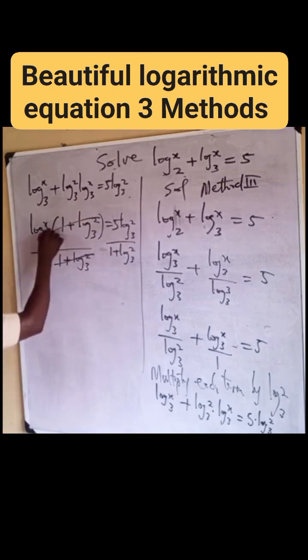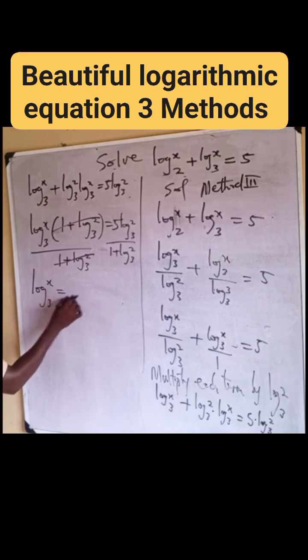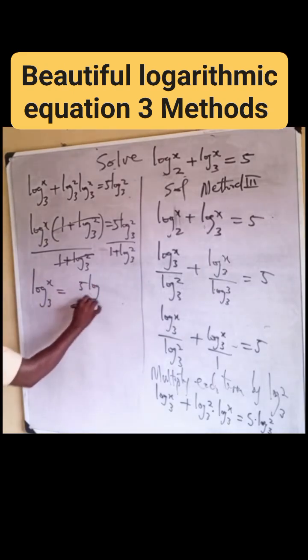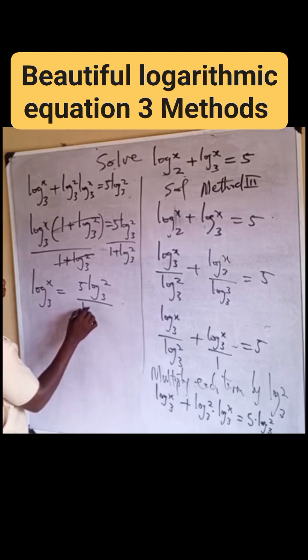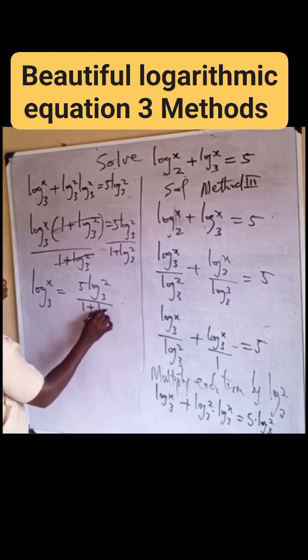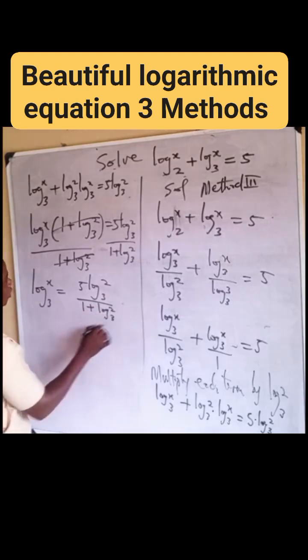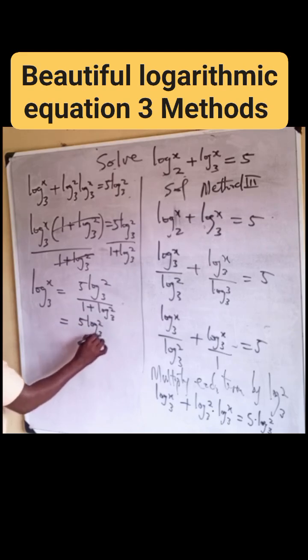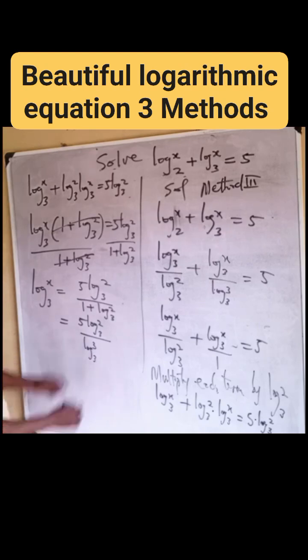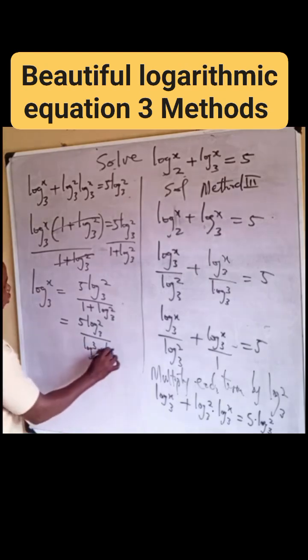So this 1 plus log 2 base 3 will cancel this. So we have log x base 3 is equal to 5 log 2 base 3 all over 1 plus log 2 base 3. You know this one, we're going to change this one to something better. So we now have 5 log 2 base 3 divided by log 3 base 3, because log 3 base 3 is 1, plus log 2 base 3.